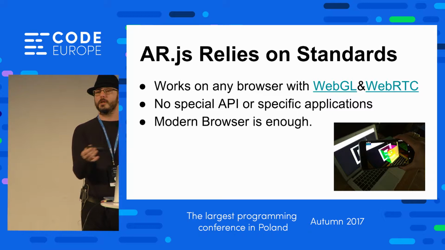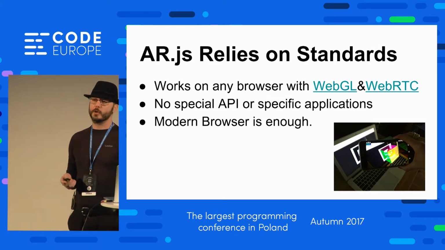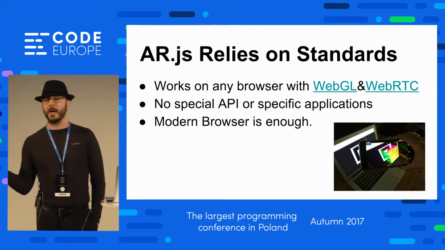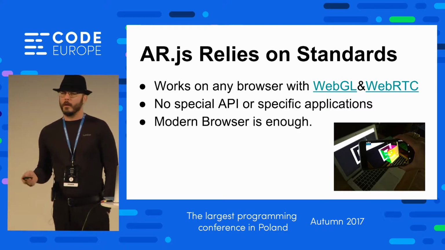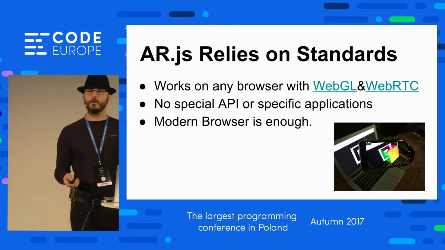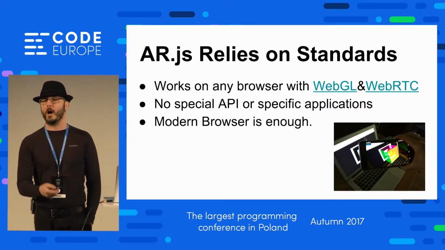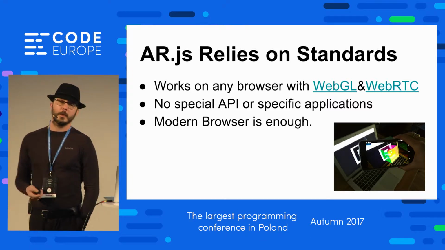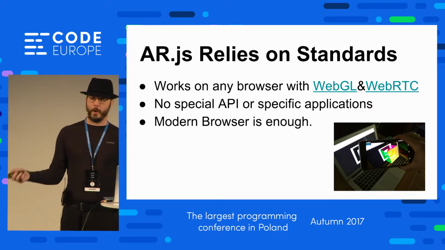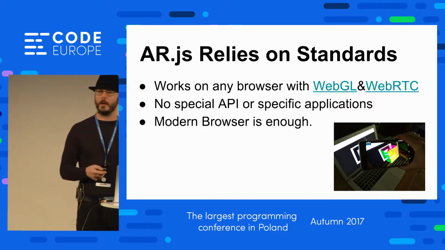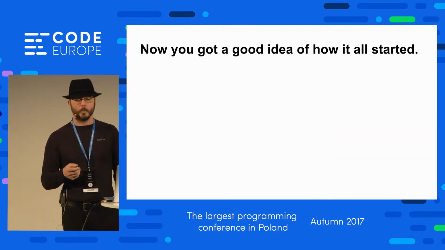How we achieve such a level of support is because we rely on standards. Here, AR.js assumes that the web browser supports WebGL for 3D and WebRTC for camera. And if the browser supports both, you are in business. AR.js will work.